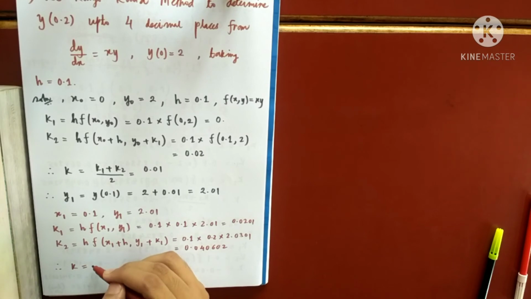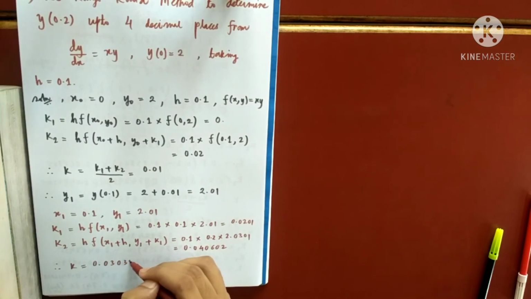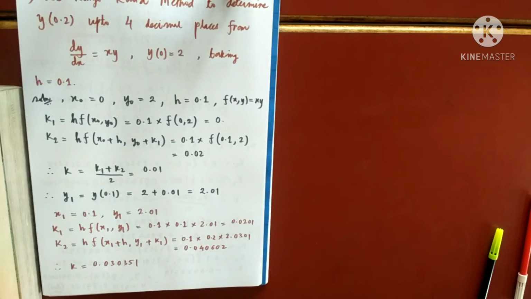It is 0.030351. Again I will check it again. 0.040602 plus 0.0201 divided by 2. What am I getting? 0.030351.